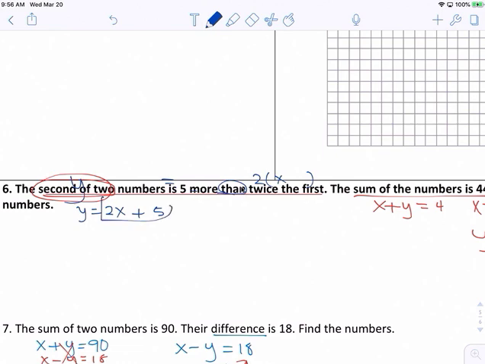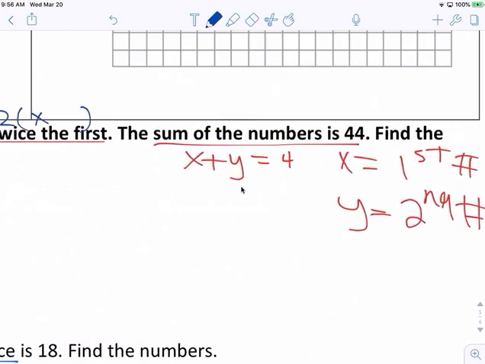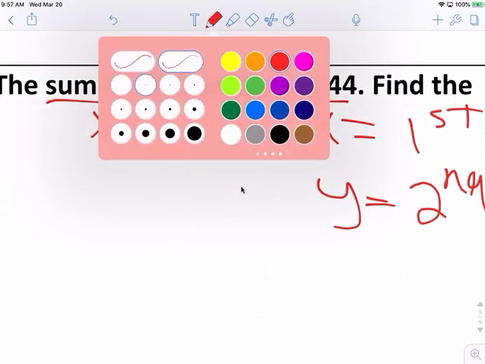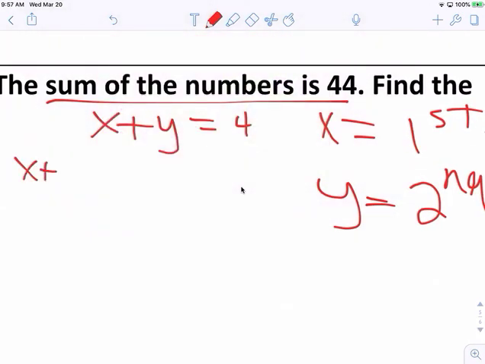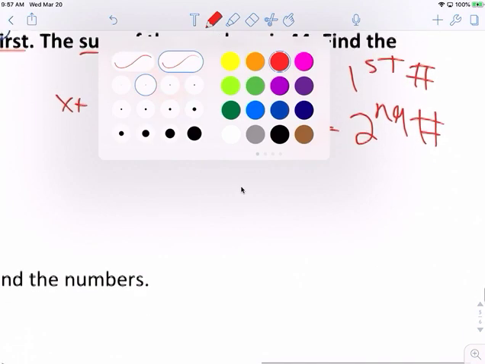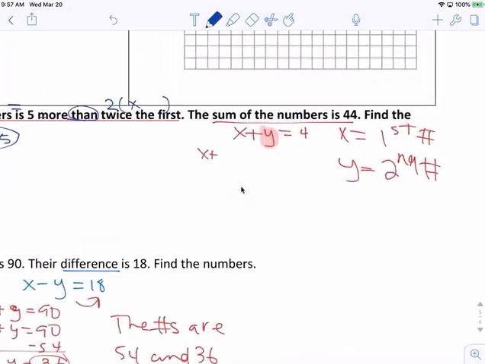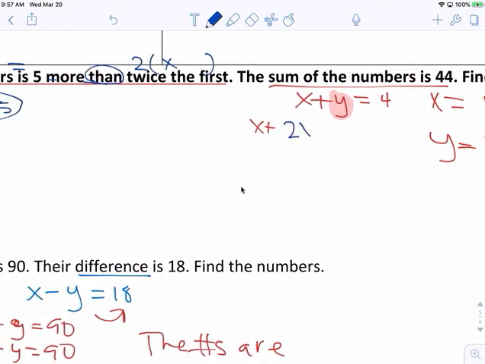So in place of y, you put in 2x plus 5. So you got x here plus, in place of this y, 2x plus 5. 3x plus 5 equals 44, minus 5, minus 5.